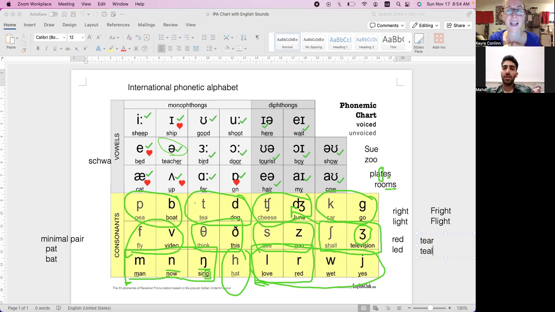Teal. So an R at the end of the word, you need to go forward. L at the end of the word, you go back. Okay. So again, tear, teal. I could do an entire class on just R and L, but we're going to move on and do the final letters.